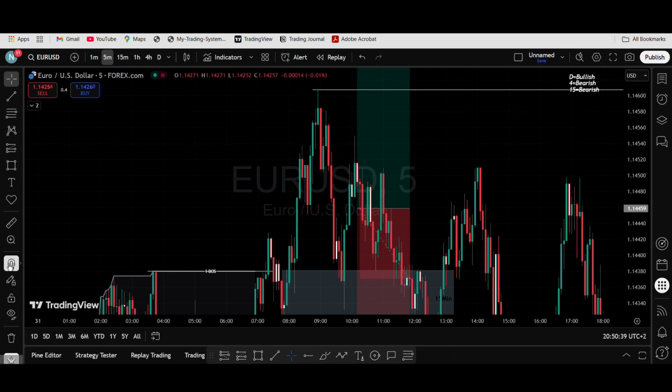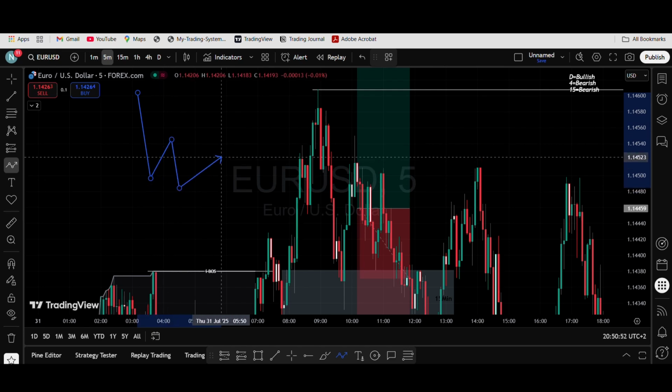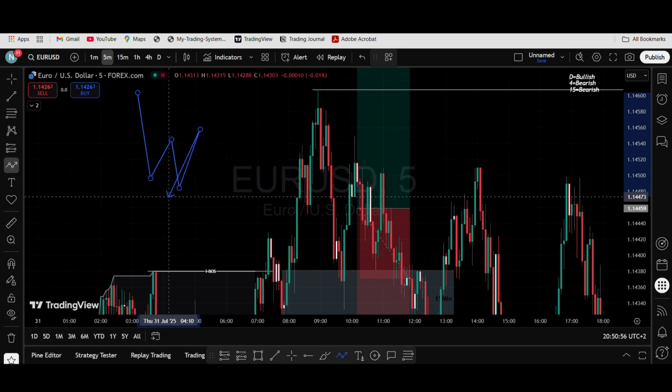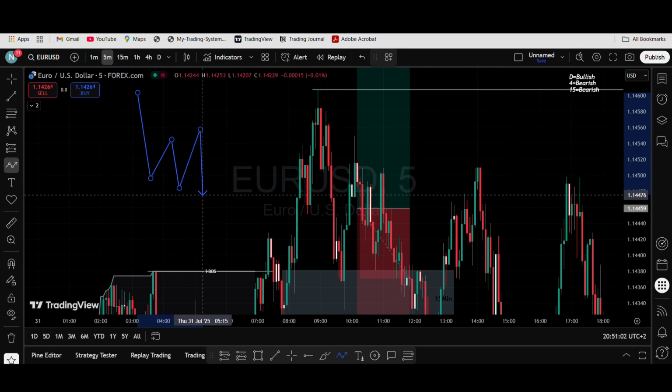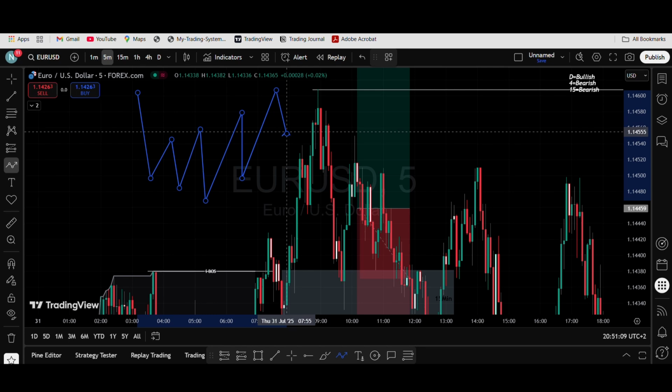which is a little bit different from the normal one, right? The normal one would have been within the pullback from here. You want to see it go down, right? Create a low, right? Low, then sweep the high, which makes this a strong low, and then upon the sweep of a strong low, that is only when you want to enter and go up.